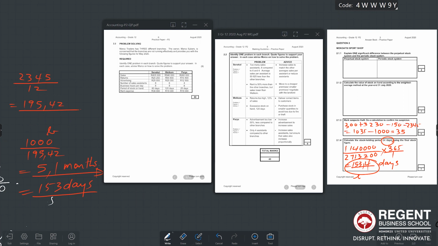Our returns are too high. Work out the percentage. Take 64,800 and divide it by 540,000 times 100 over 1, and you end up with an answer of 12%. So your returns are too high, 12%.